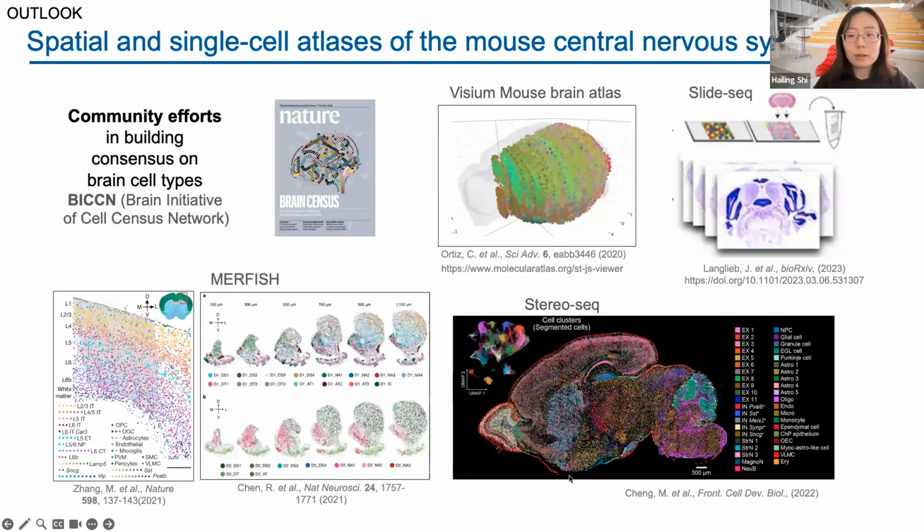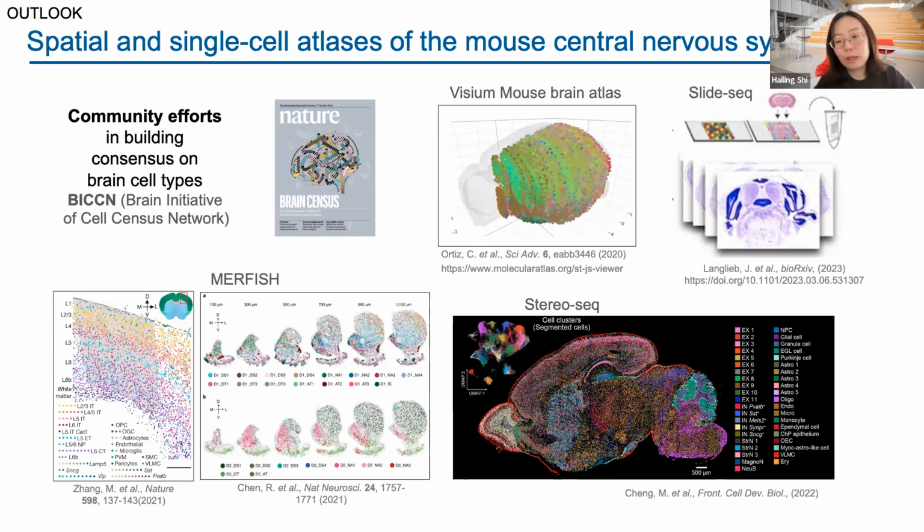And furthermore, I want to also point out that the effort to build a consensus understanding of brain cell types is a big research community effort, exemplified by the Brain Initiative Cell Census Network, BICCN.